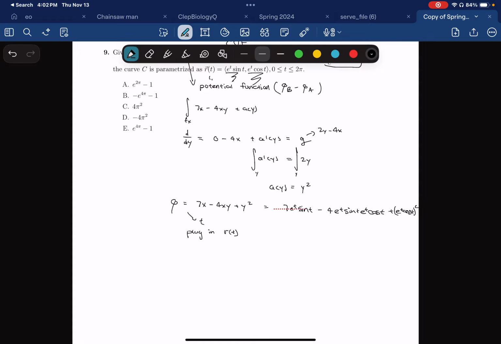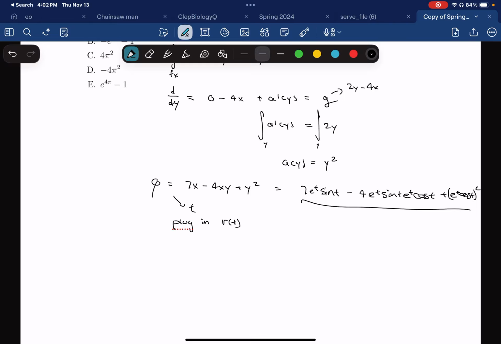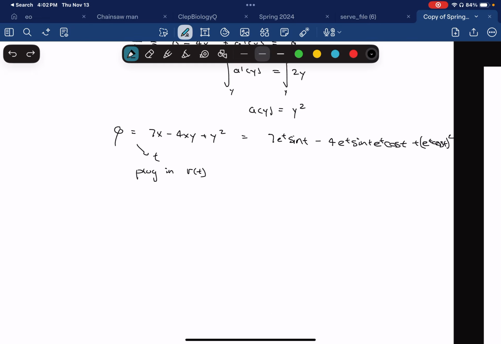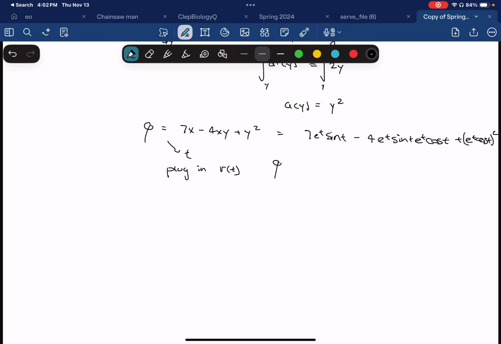Okay, so that's still a lot, but honestly, this method will produce the answer a lot faster than the other one. So now we just plug in 2 pi minus 0.